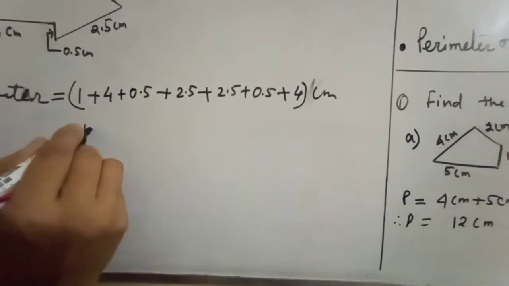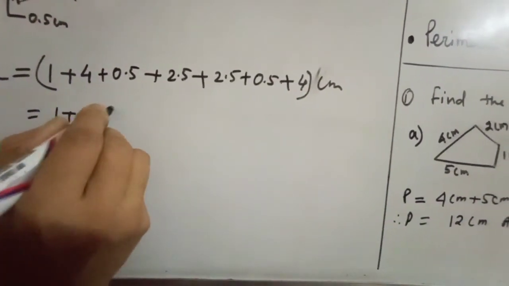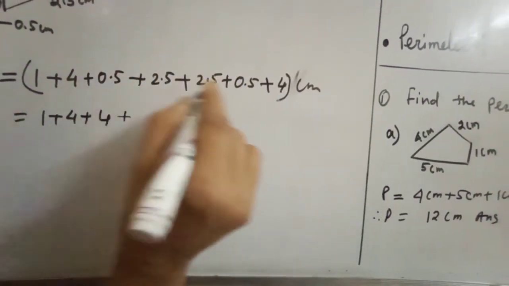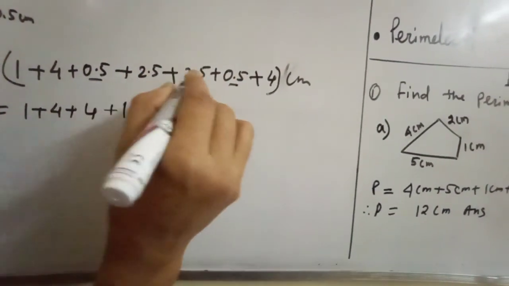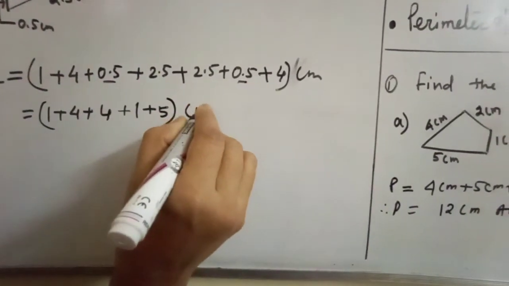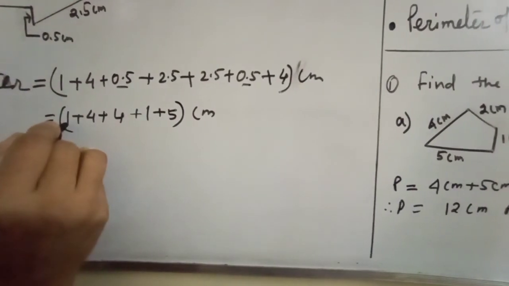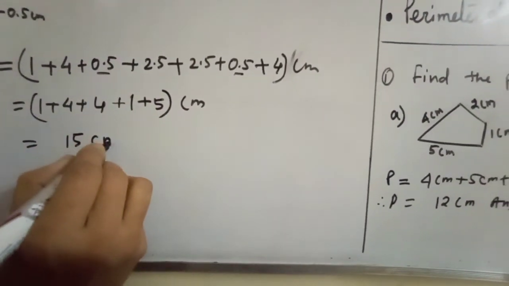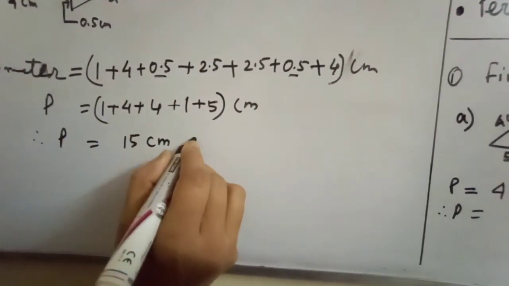Now 1 plus 4 plus 4, then 0.5 plus 0.5 is 1, and 1 plus 2.5 plus 2.5 is 5 centimeter. 4 plus 4, 8, 9, 10, 10 plus 5, 15 centimeter. So the perimeter of this figure is equal to 15 centimeter.